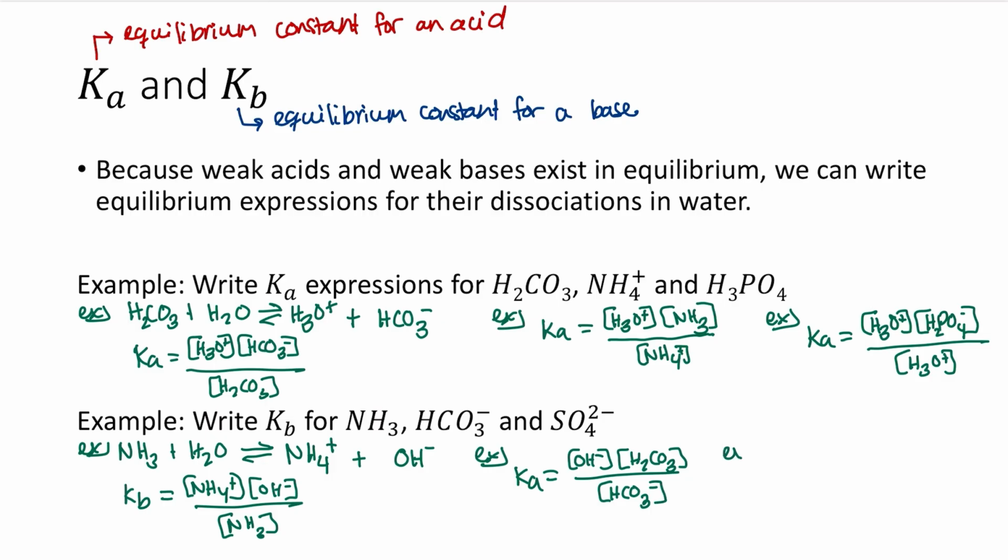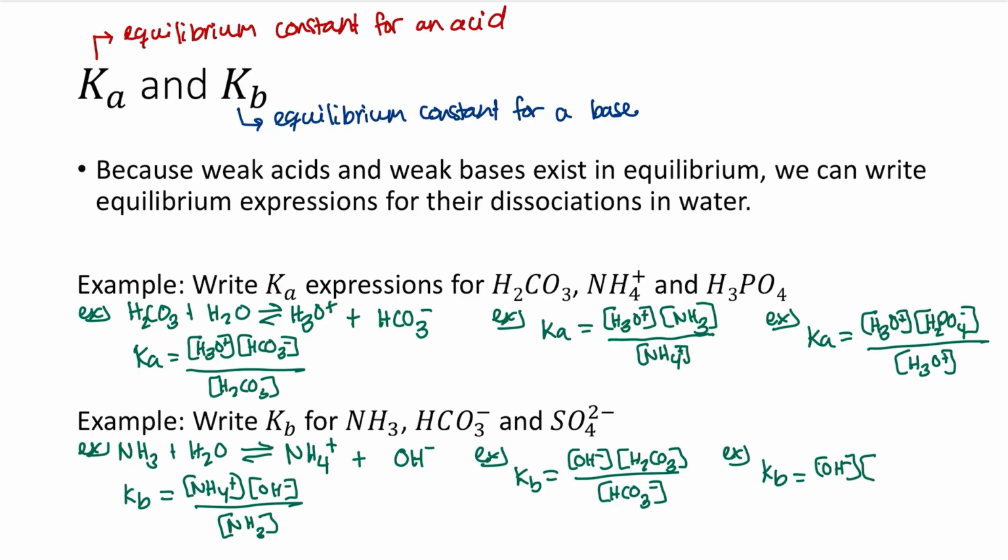If we look at the example of sulfate, oh, look at that. This is not Ka. There we go. Kb. If we look at the dissociation or how sulfate acts as a base with water. Again, we're going to get the concentration of hydroxide times the conjugate acid.